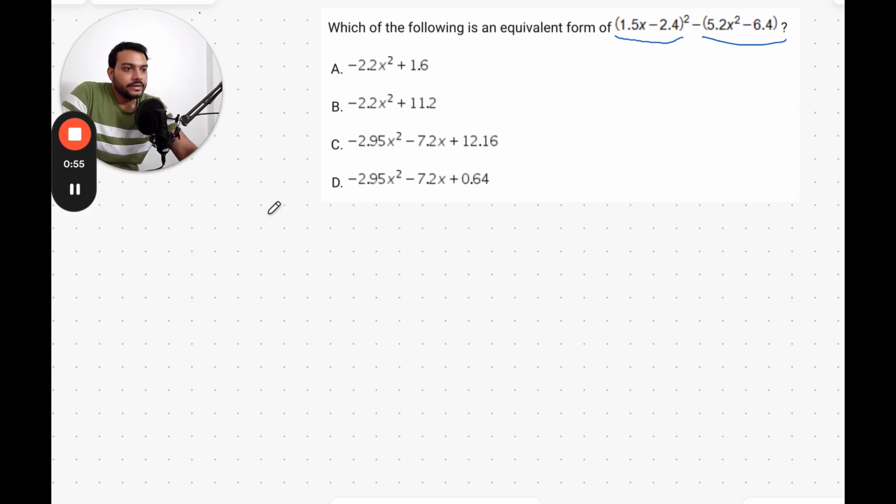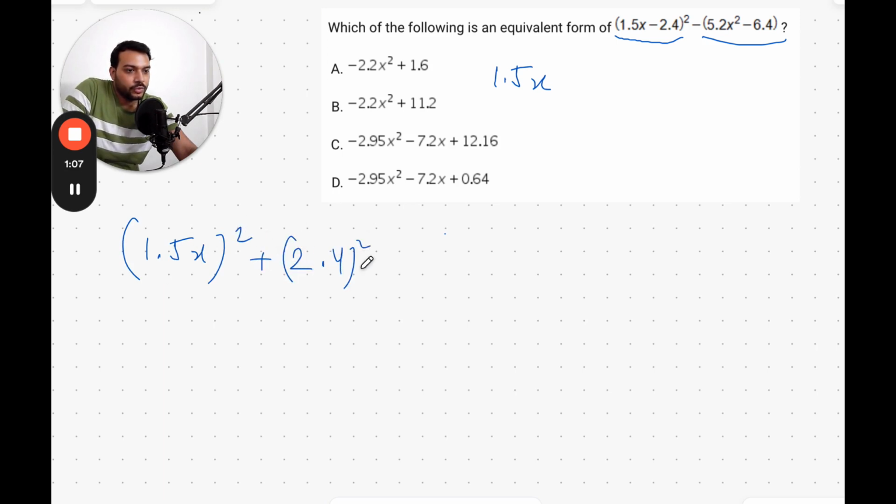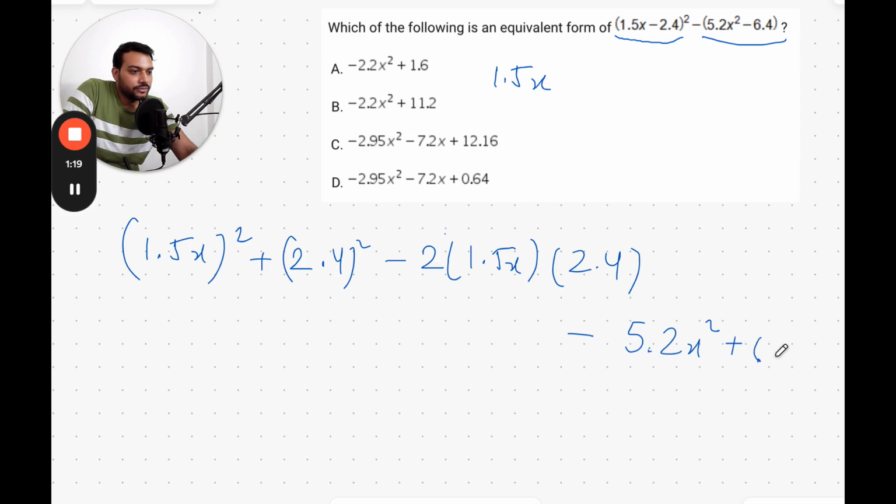Okay. So (1.5x)², then plus 2.4², minus 2 times 1.5x times 2.4, and then minus 5.2x² plus 6.4.